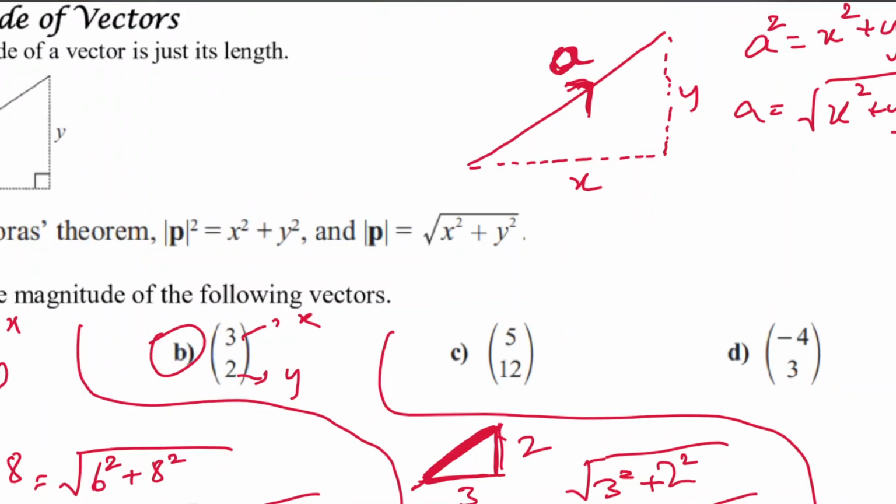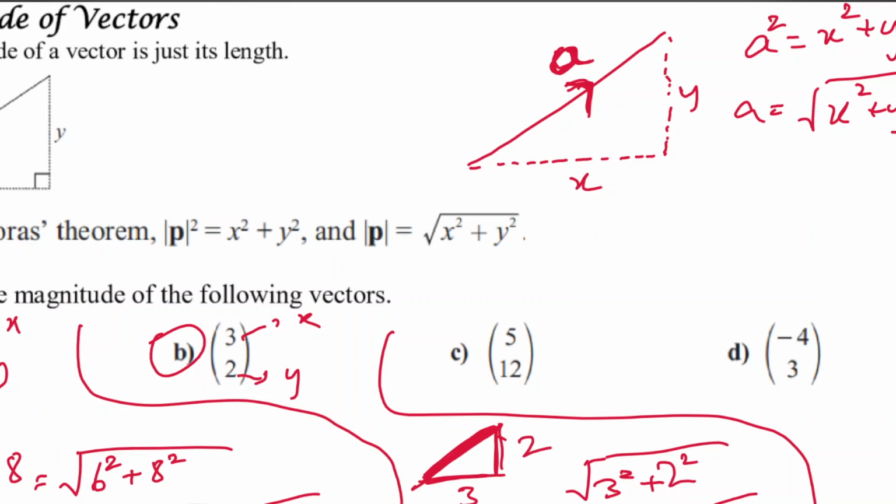For this answer, again root of 5 square plus 12 square. So what will be the answer? 5 square is 25 plus 12 square is 144. 144 plus 25 gives you 169, and root of 169 is 13. Very good. And we got the magnitude as 13.